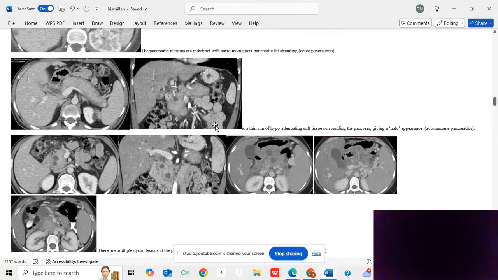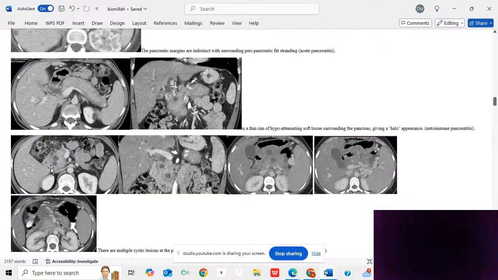Why have I mentioned all of these cases? Just to grab your attention that you can find pancreatic pseudocysts, as you can see here. Can you see all of these cysts? All of these cysts are pancreatic pseudocysts.